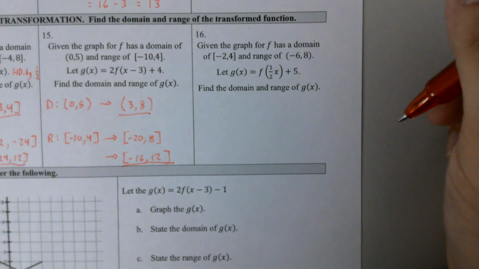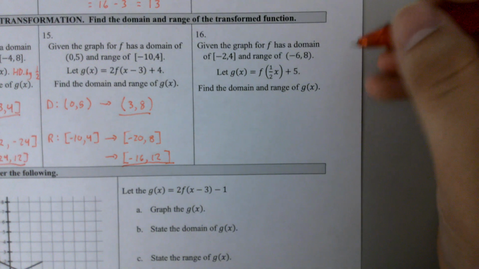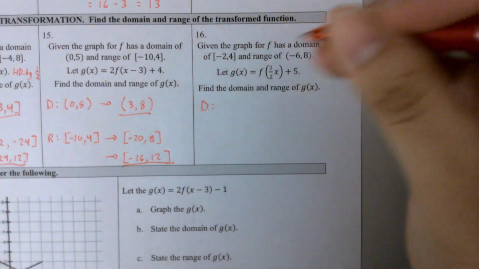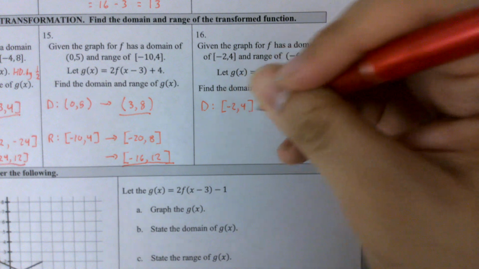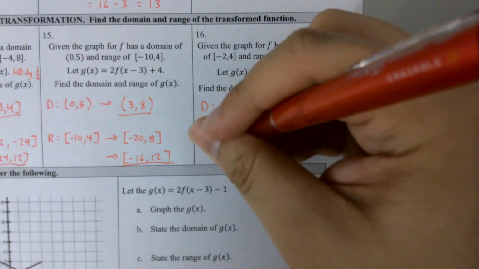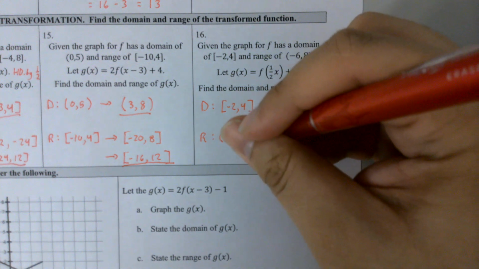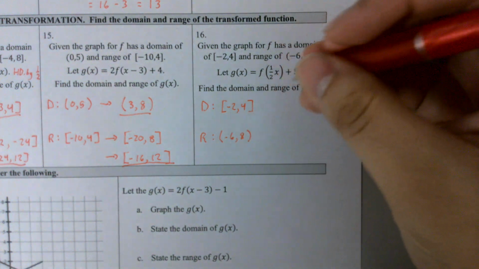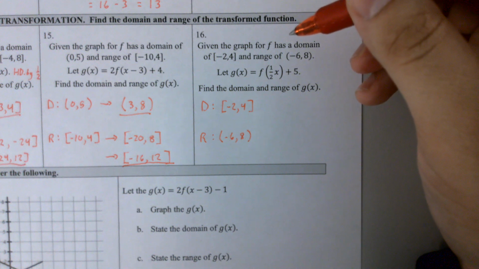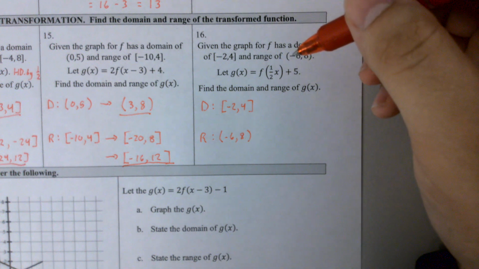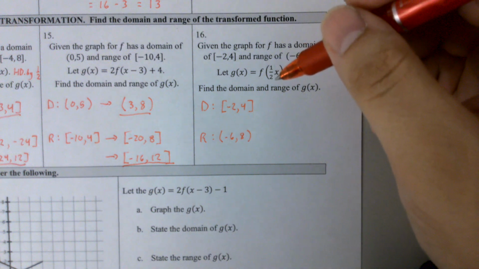For the last one, we have a domain from negative 2 to 4, and we have a range from negative 6 to 8. So for a domain of negative 2 to 4, the only thing that's going to affect our domain is this horizontal dilation.